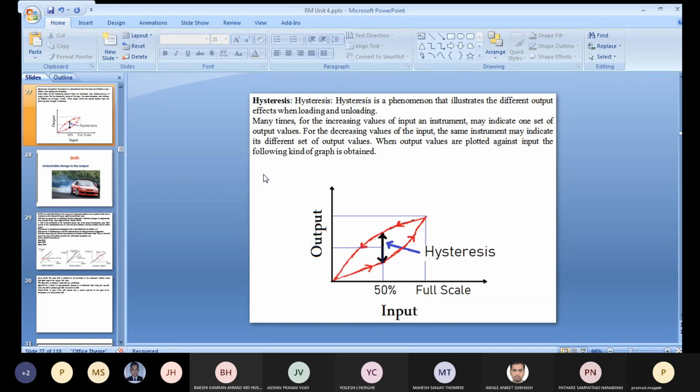Hysteresis is nothing but the phenomenon which illustrates the different output effect at the time of loading and unloading.